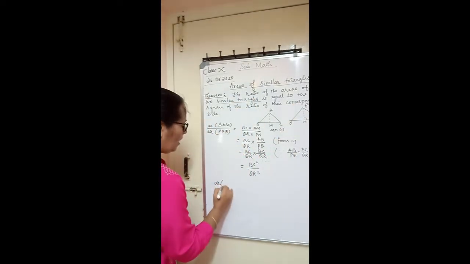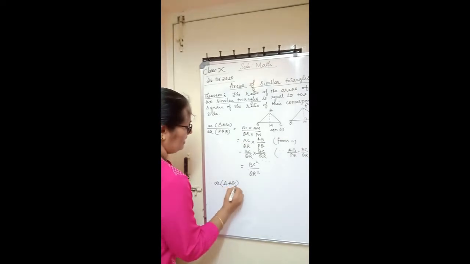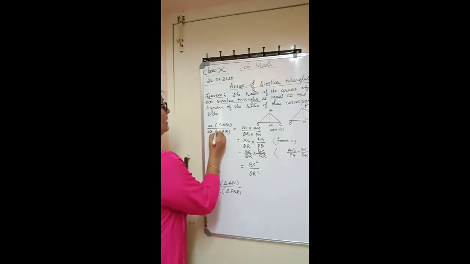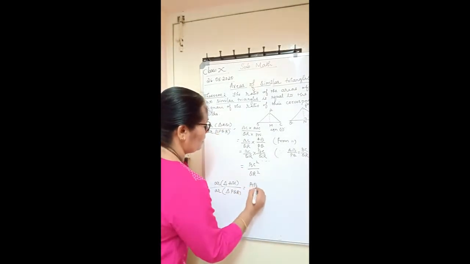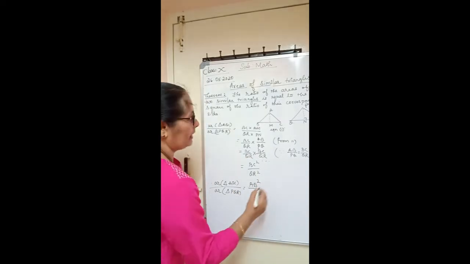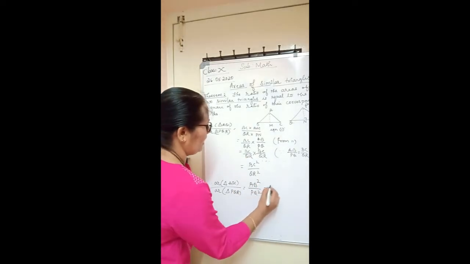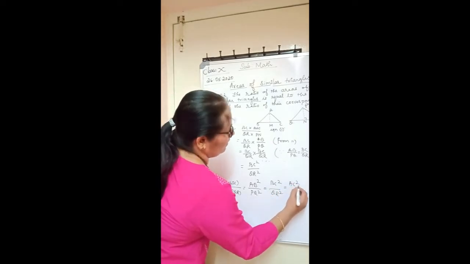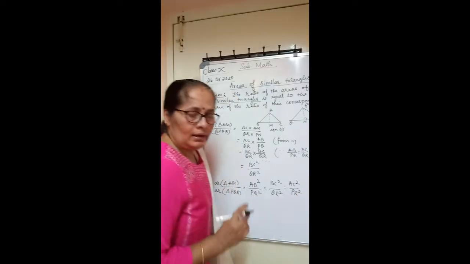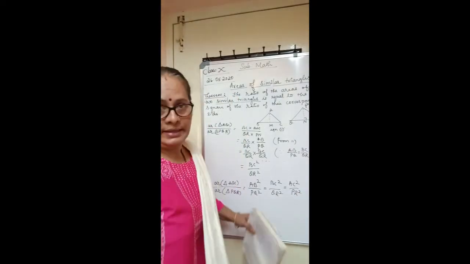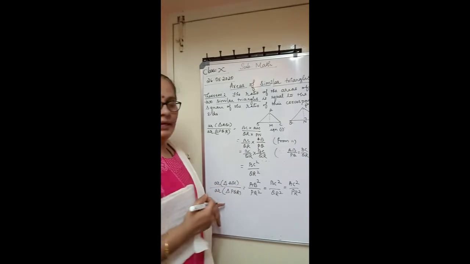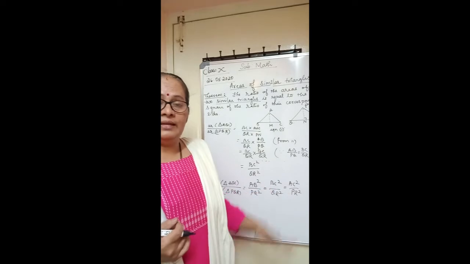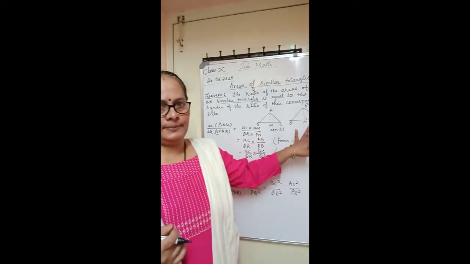Therefore, the ratio of the areas of the two similar triangles is equal to the ratio of the squares of their corresponding sides. This is one of the important theorems which will be asked in the board exam for 4 marks: the ratio of the areas of two similar triangles is equal to the ratio of the squares of their corresponding sides.